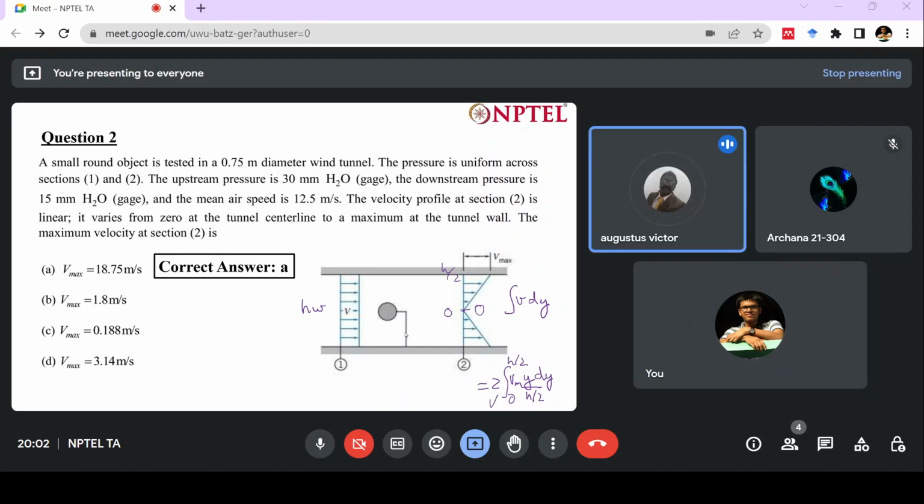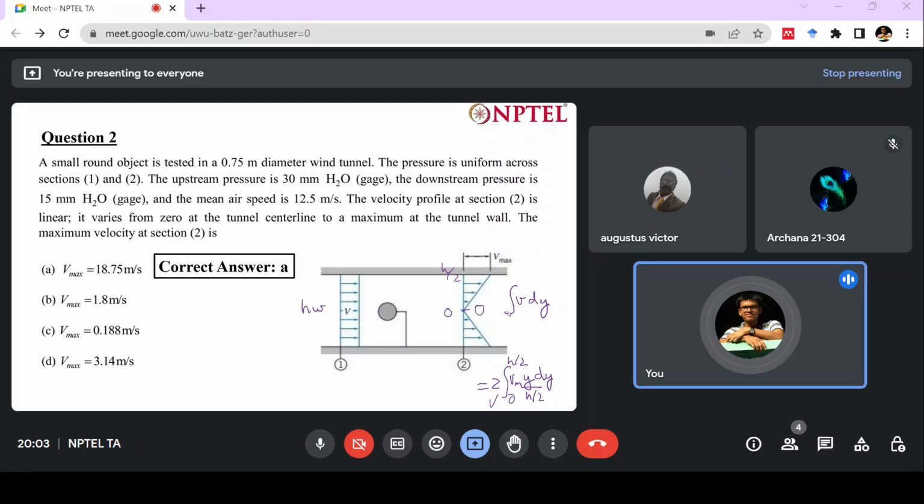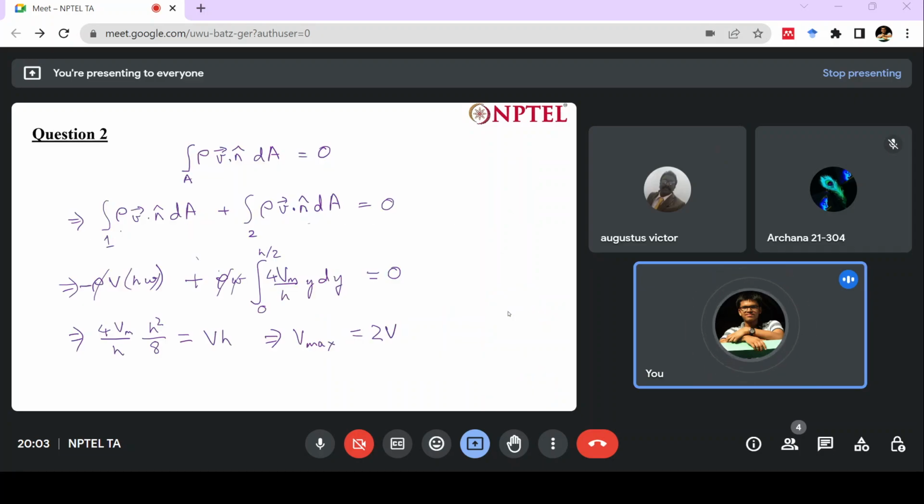It is given as linear. It varies from zero at the tunnel center line to a maximum at the tunnel wall. So if we know the profile, we can integrate it, no, sir? Yes, if we know the profile, then we can definitely integrate it.